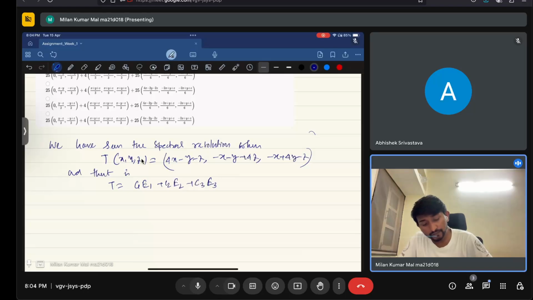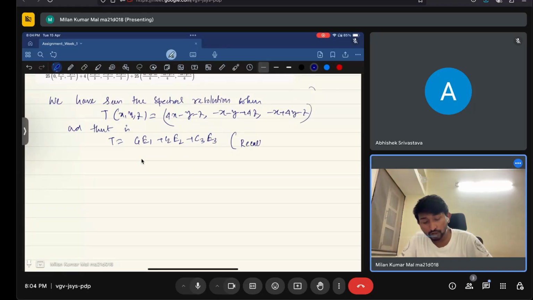Recall that the E_i are orthogonal projections.